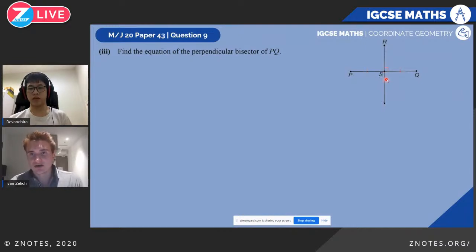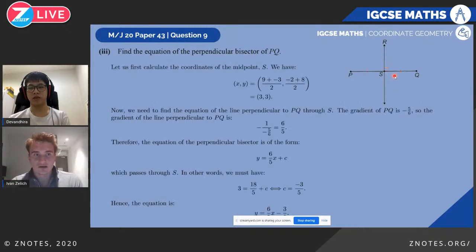So our strategy will be to first find the midpoint, which we call S, and then we will use the formula for the gradient of a line perpendicular to another line, and using that, we'll then find the equation of the line. So we have to first calculate S.